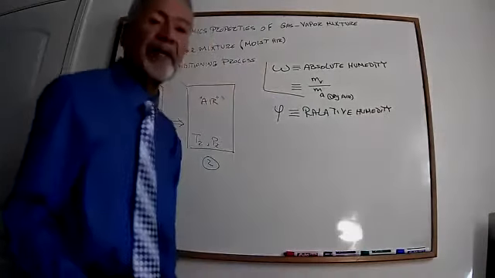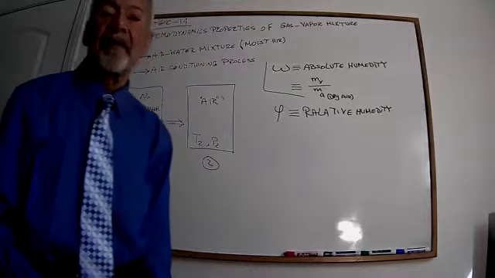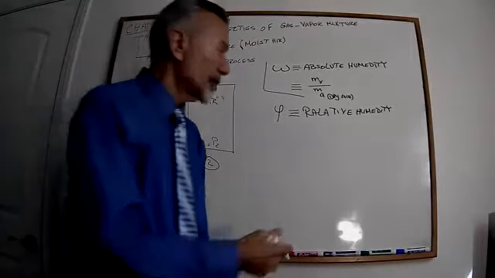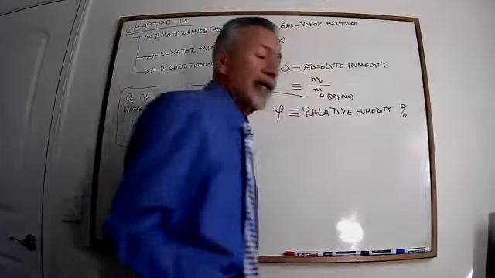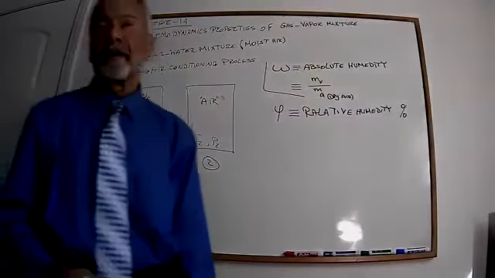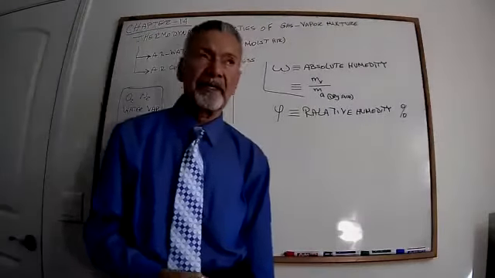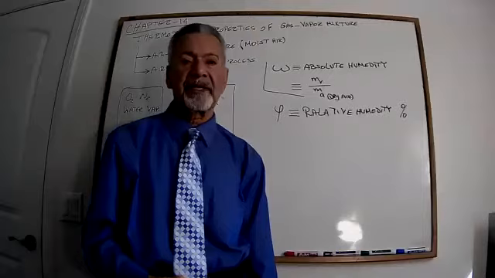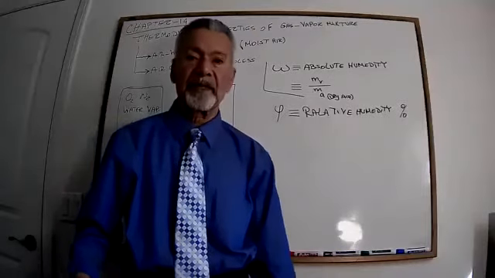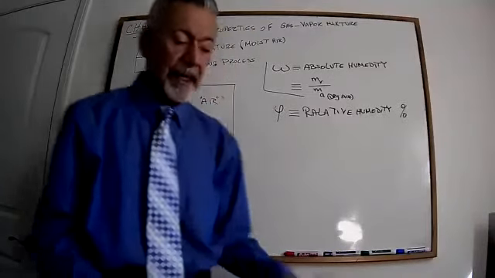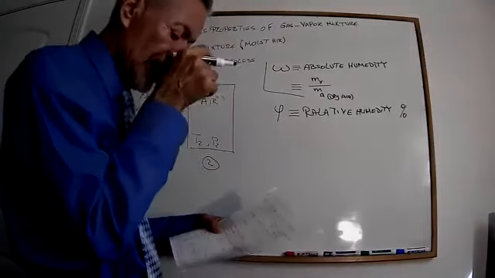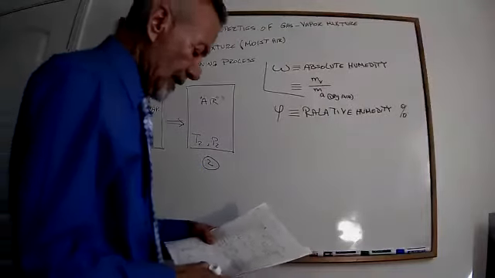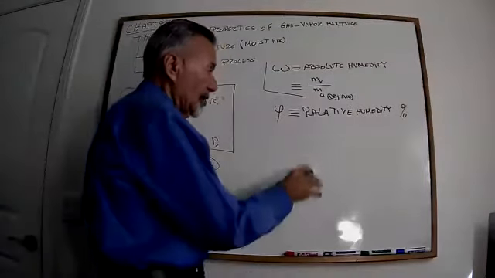Now, the relative humidity is a little different, and we use it a lot. And usually we show that as a percentage. Relative humidity is 40%. Relative humidity is 80%. Relative humidity is 60%.